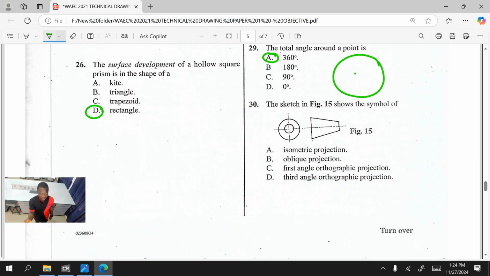So which symbol is this? It's simply a symbol for third angle orthographic projection. If the trapezium comes before the concentric circle, it is going to be first angle orthographic projection. But if the concentric circle comes before the trapezium, it is the third angle orthographic projection.